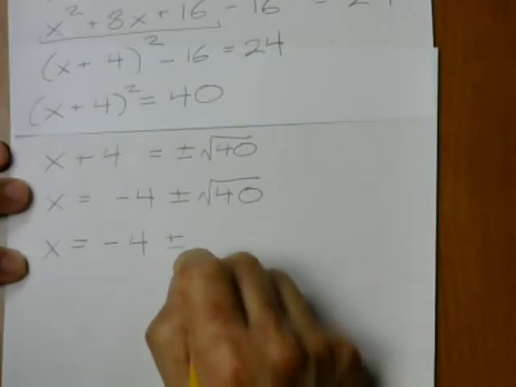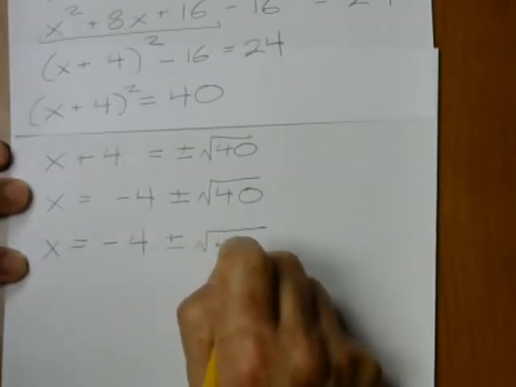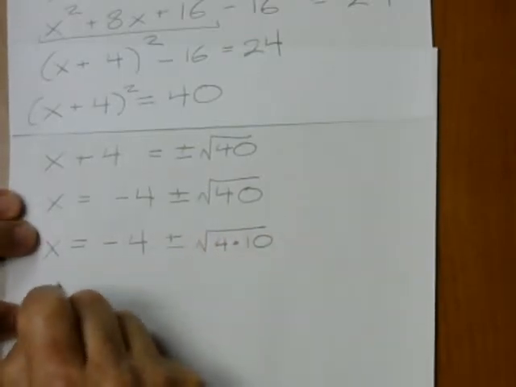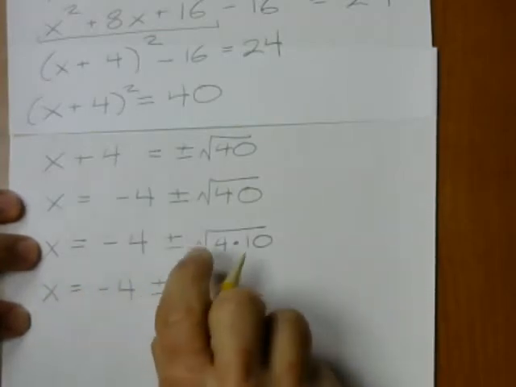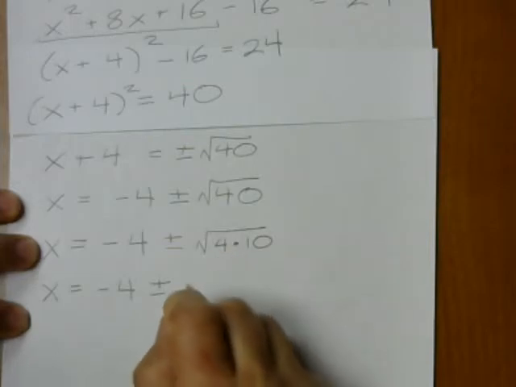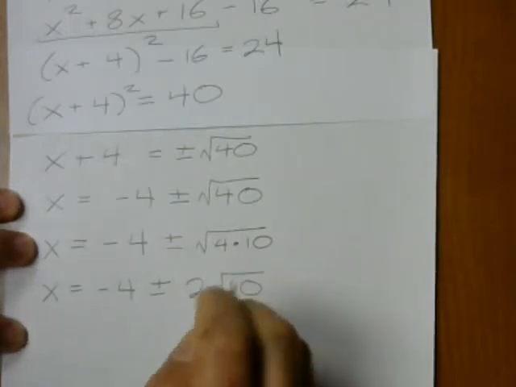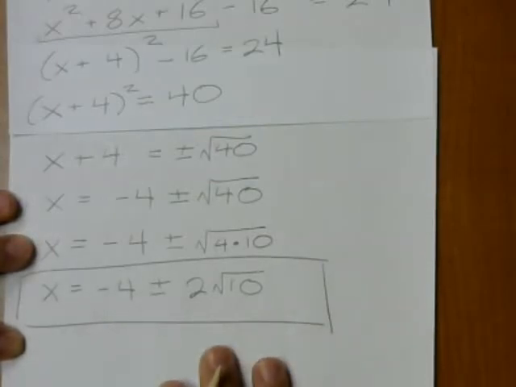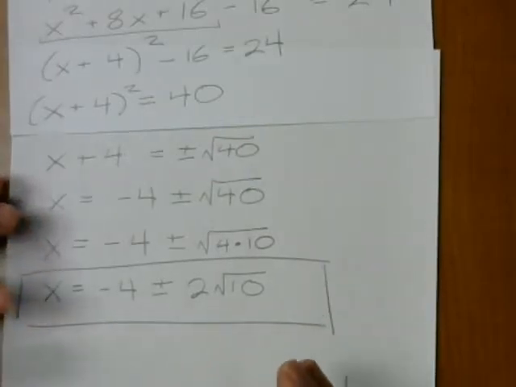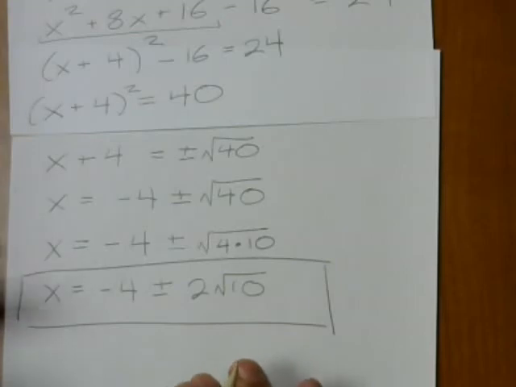I mean, this is 4 times 10. So I could rewrite this by pulling out the 4, because this is square root of 4, square root of 10, or 2 root 10. And we've just solved our first problem by rewriting it as a square. Let's try to do some more like this.